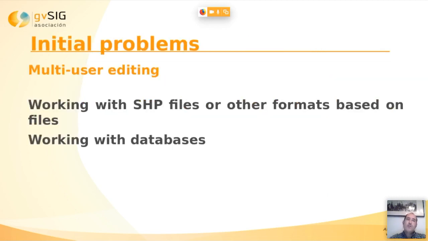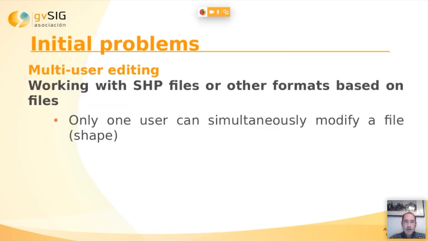For the multi-user editing situation, we have two different options when we work with shape files or other formats based on files, and when we work with databases. For the first case, we can have several problems.